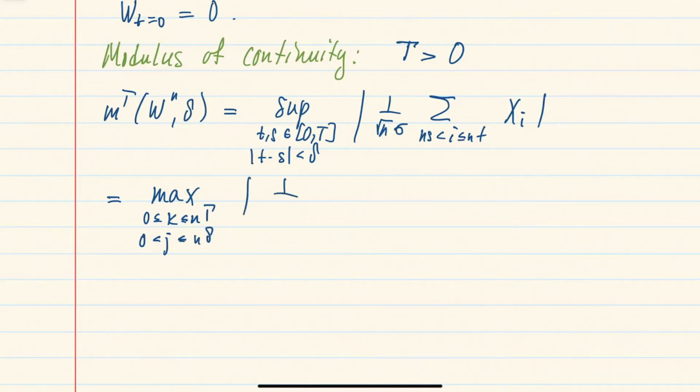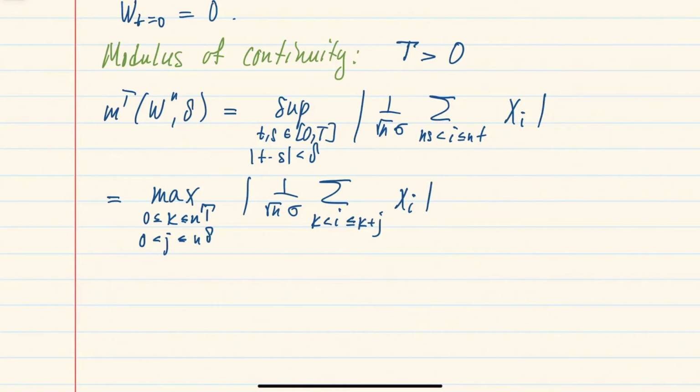And then we consider the sum between k and k plus j of xi. Okay, so we have finitely many starting points, k up to n times T, and then we have finitely many choices for the increment.